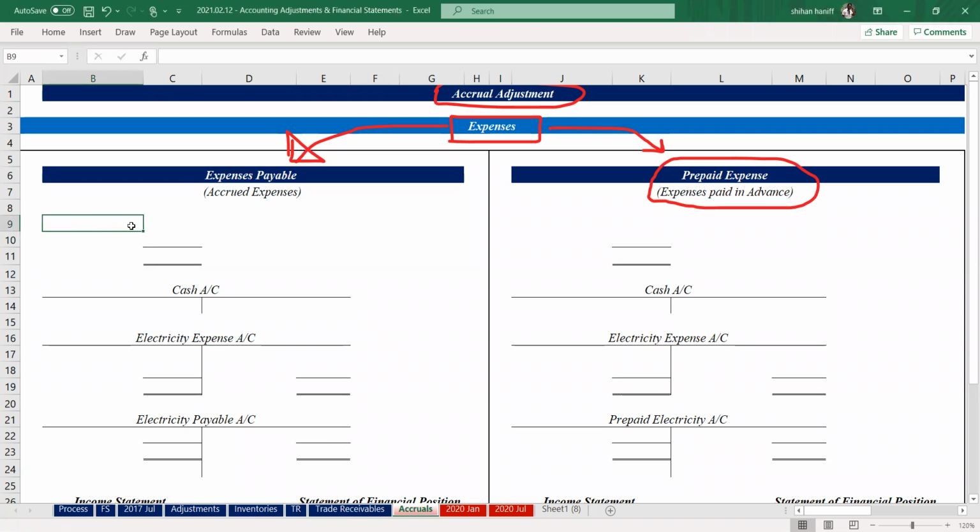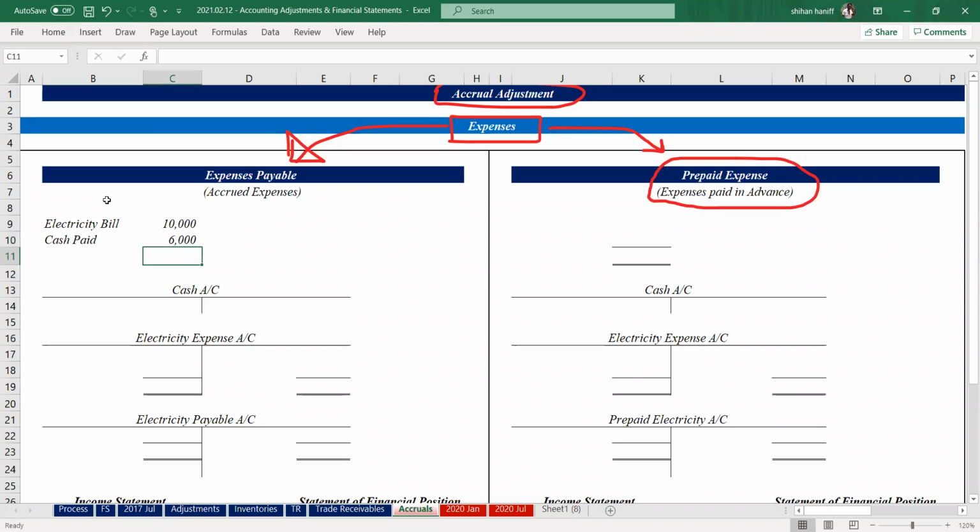Now, if you take an example, let's assume that we are getting the electricity bill of the business for the year or the month, 10,000. The bill is 10,000 and for cash paid, we are paying only 6,000.